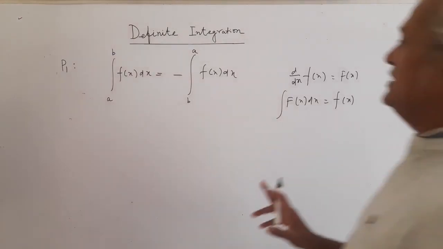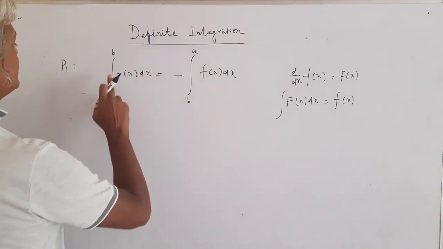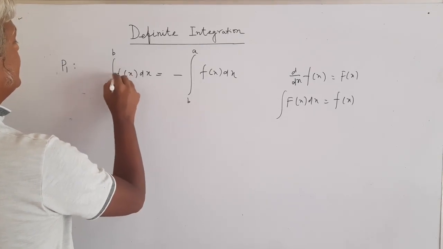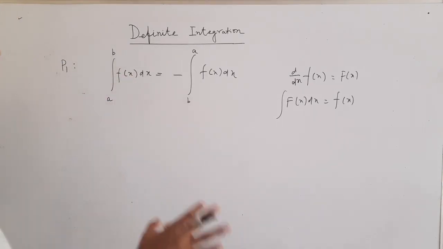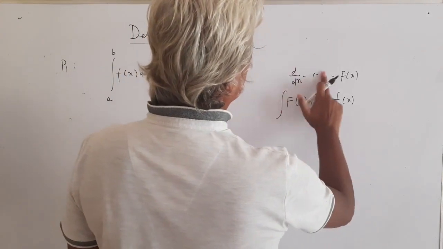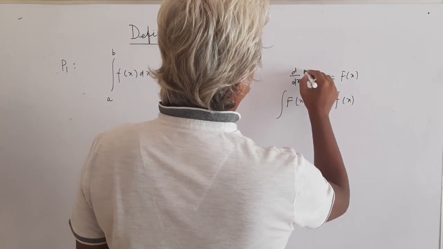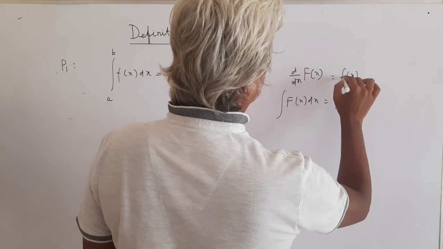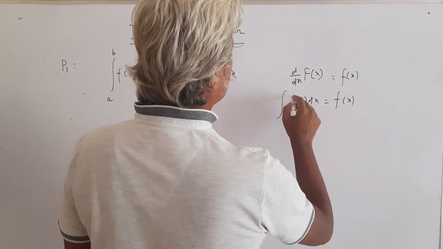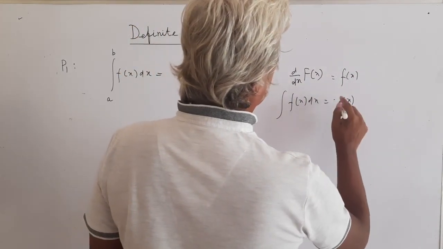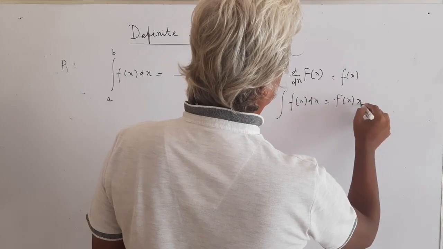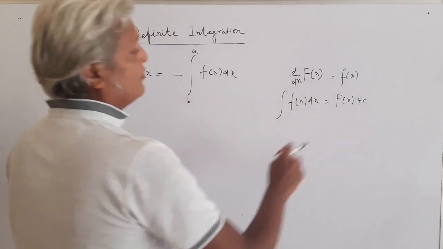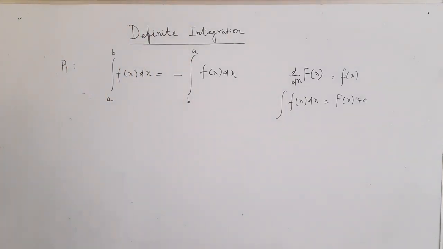Here I change that the differentiation of capital F(x) is small f(x), then the integration of small f(x) is capital F(x) plus c. This is what we say when we use the idea of the antiderivative.